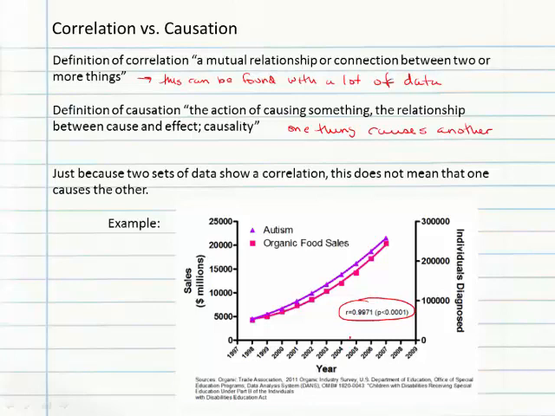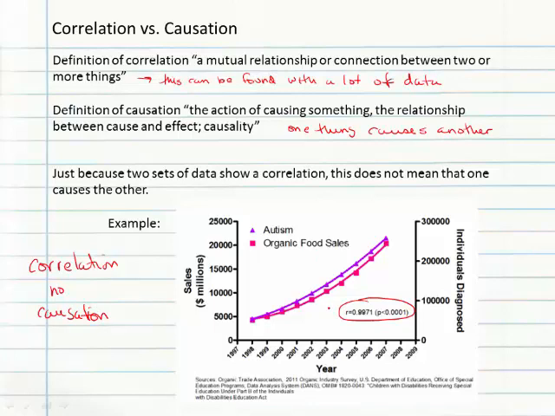This is a strong positive correlation. However, autism does not cause an increase in organic food sales, nor do organic food sales cause an increase in autism. These things do not cause each other. So this is a correlation with no causation.